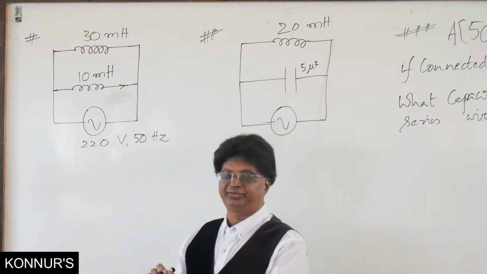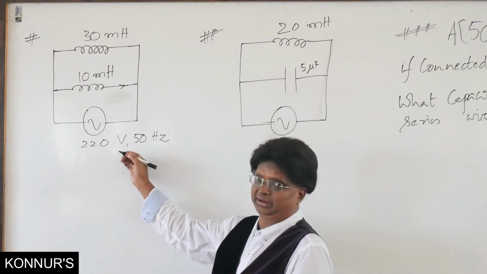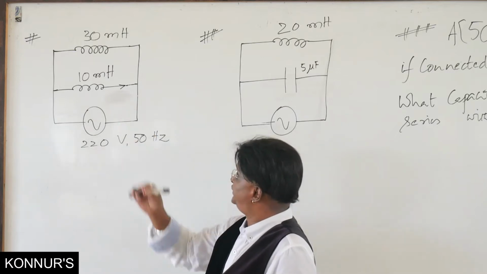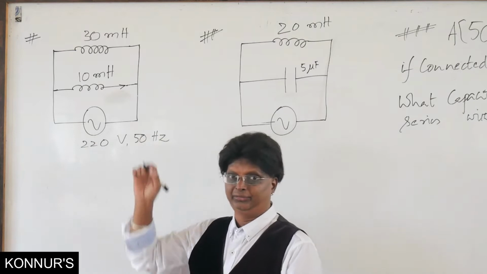Here I have shown an AC circuit with two inductors in parallel across a given AC source. One is 10 millihenry, the other one is 30 millihenry.